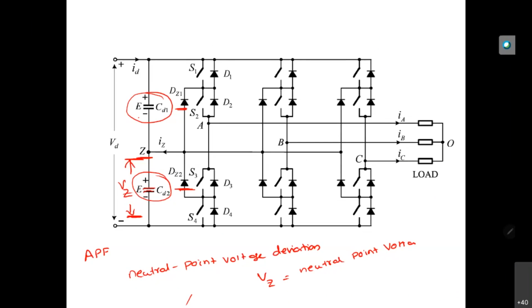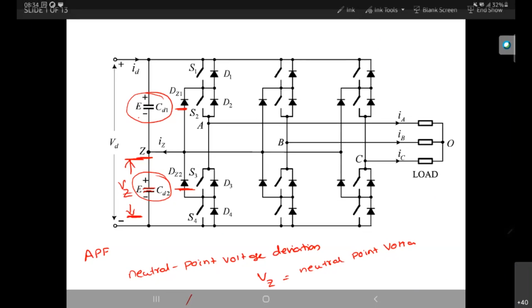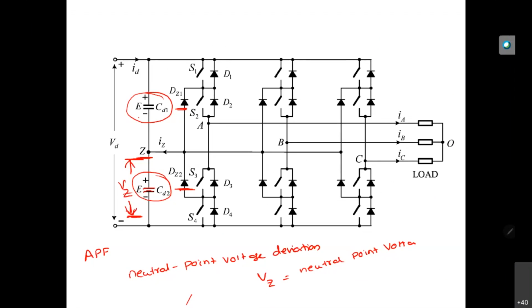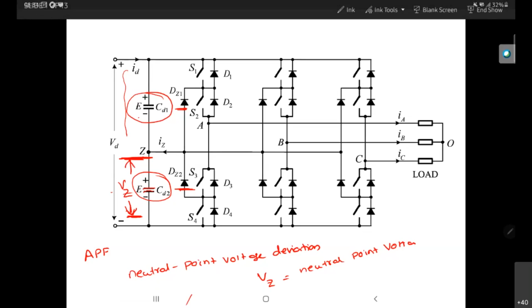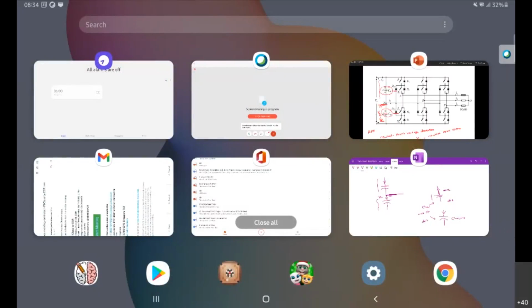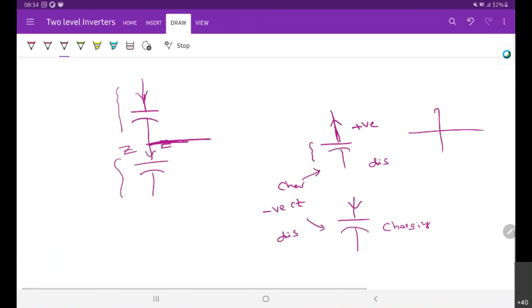Depending on the vector, which one will affect the neutral point voltage? If this voltage is affected, that means this Vz is varying, but it is supposed to be constant. If it is varying, the output levels will differ: positive we will get this much voltage, and negative we have some different magnitude.